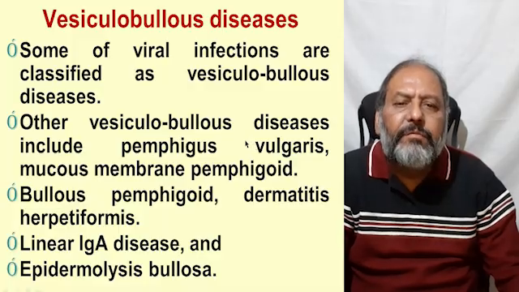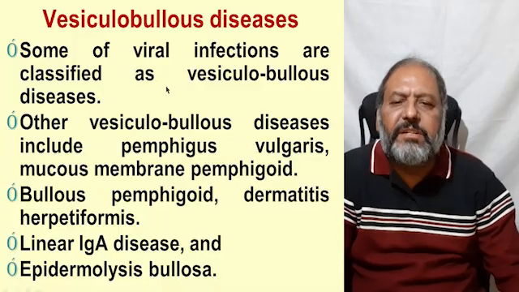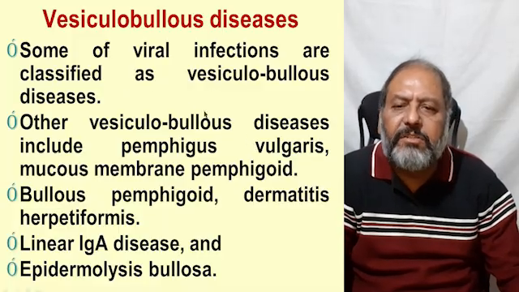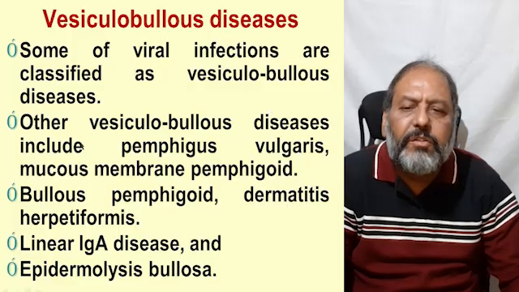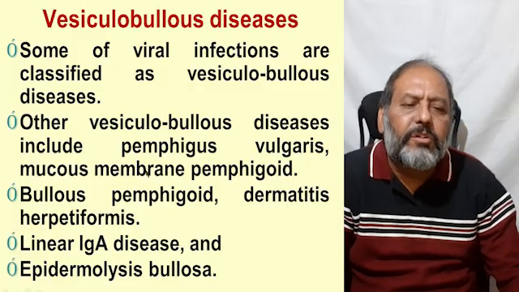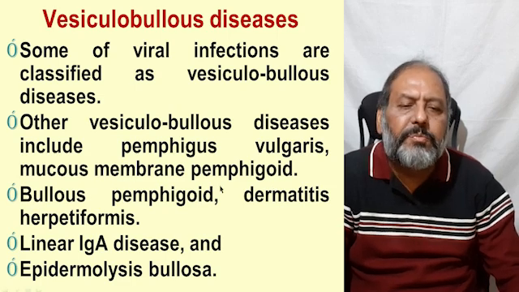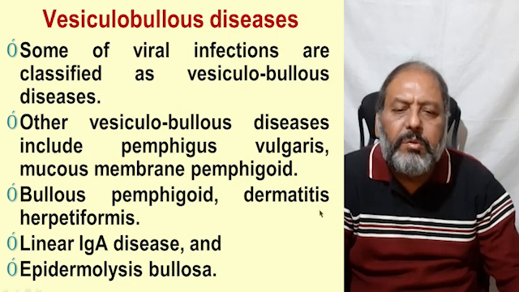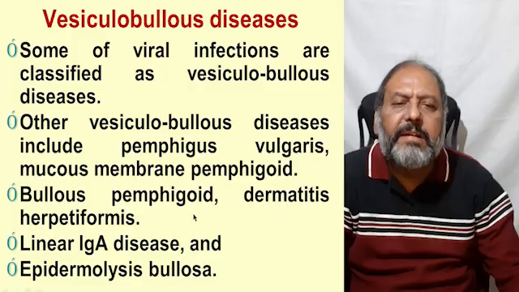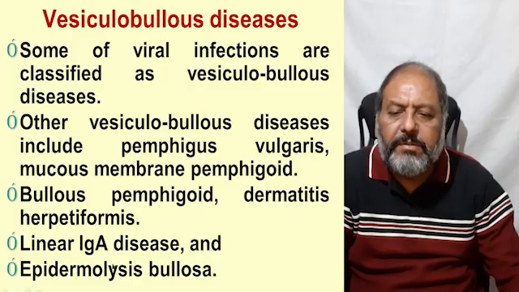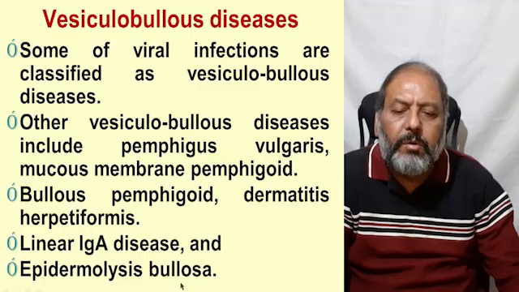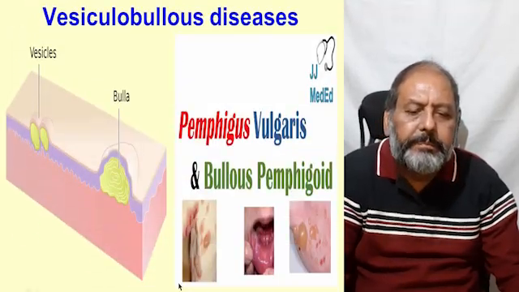And then vesiculobullous diseases. Some of the viral infections are classified as vesiculobullous disease. Other vesiculobullous diseases include pemphigus vulgaris, mucous membrane pemphigoid, bullous pemphigoid, dermatitis herpetiformis, linear IgA disease, and epidermolysis bullosa.